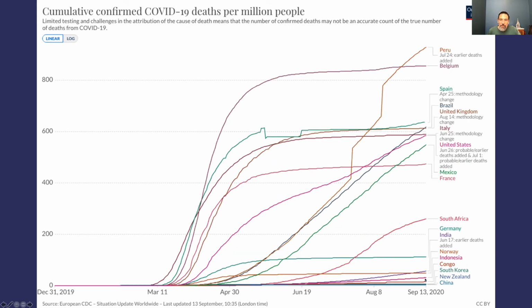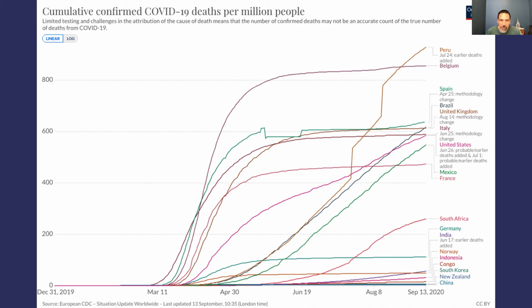That was the total absolute number of deaths, and you can also look at the death data per million population, which gives a different rank order of countries. You can see here that Peru, Belgium, Spain, Brazil, then followed by the UK, Italy, the US, Mexico, and France are at the top of the list here.